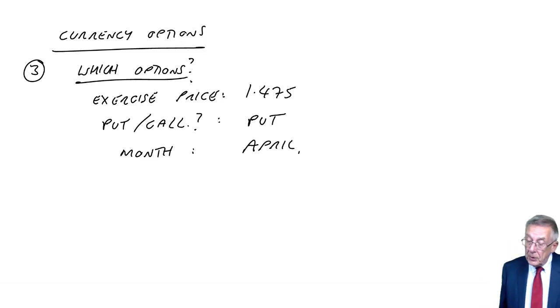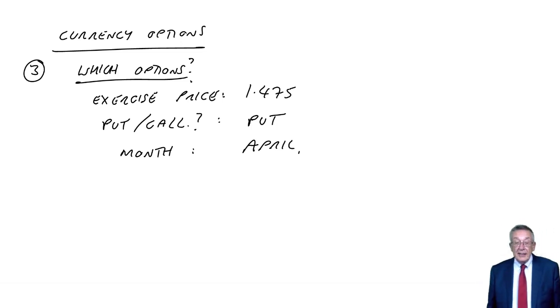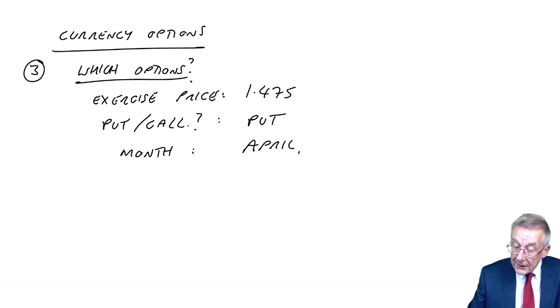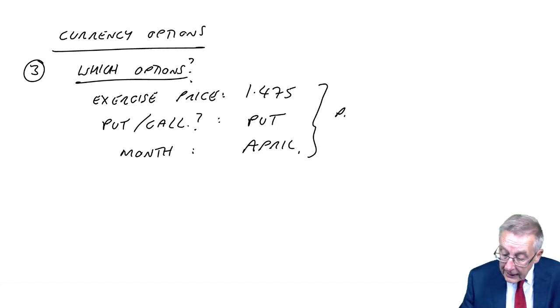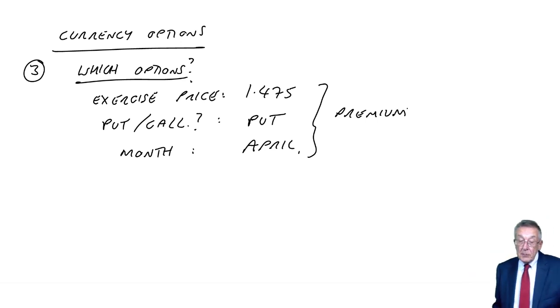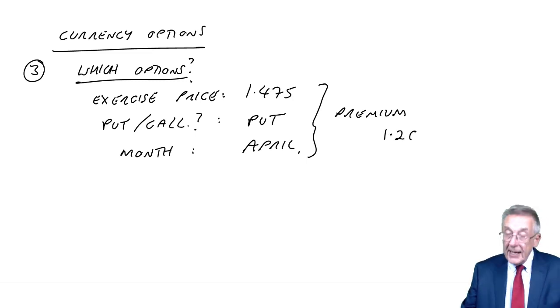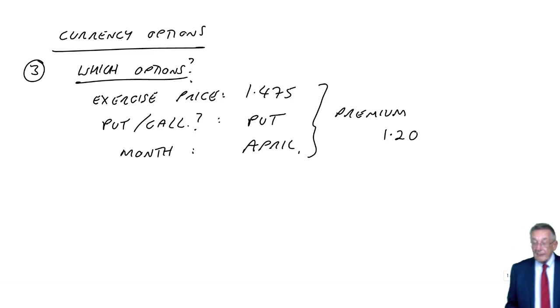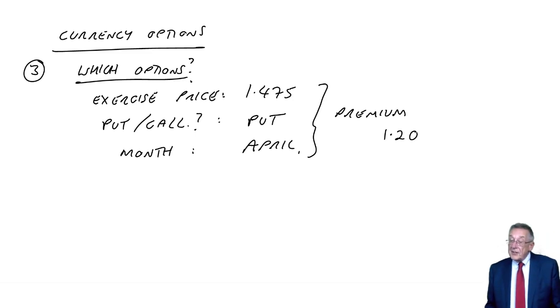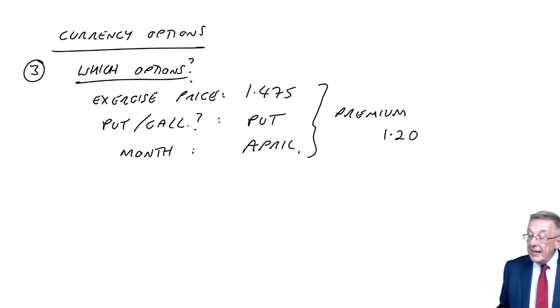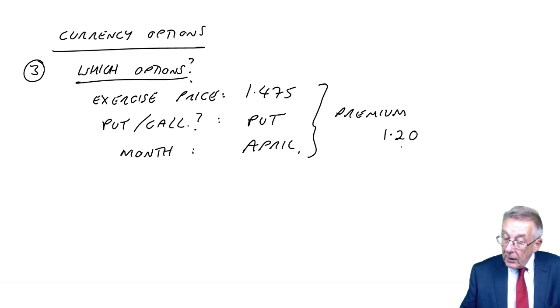We want an April put at 1.475. As a result, what will the premium be? Well, that's just using the table. The puts, April 1.475. I get 1.20, which, as I said in the last lecture, means they'll charge us 1.2 cents for every pound.